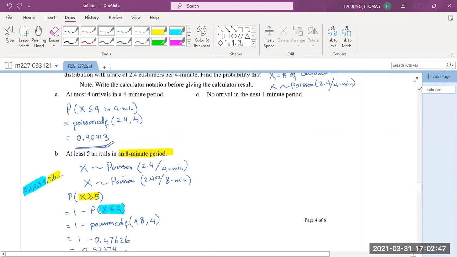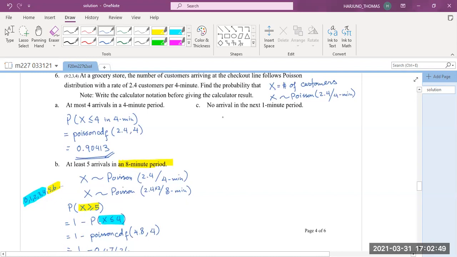Next one, find the probability of no arrival in the next 1 minute. So X will be Poisson distributed. That's 2.4 in 4 minutes, right? So in 1 minute, it will be 2.4 divided by 4, 0.6.